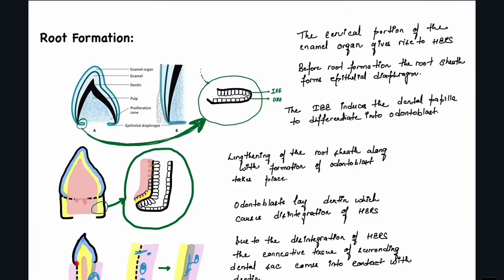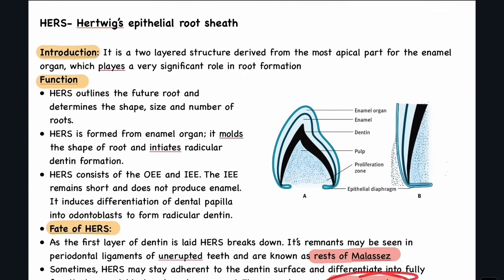The HERS was broken down immediately after dentine formation so that the dentine does not induce the formation of enamel. But if it stays stuck to the dentine, it will be converted into ameloblasts and then enamel will be formed. In such a situation, the enamel is called an enamel pearl. It won't be formed throughout the root, but it will be formed in some portions.